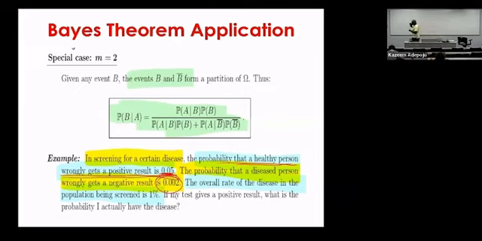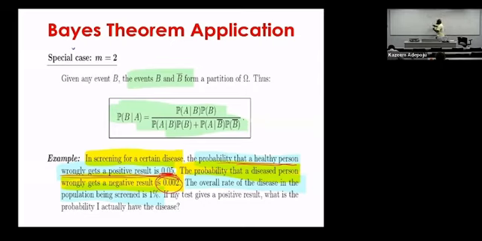Now the Bayes theorem, the probability of B given A, will be equal to the following. Yesterday I showed you that the probability of A intersection B is the same as the probability of B intersection A. Commutativity, right?